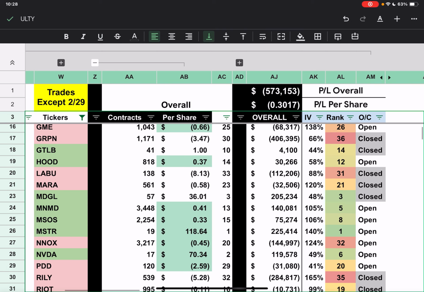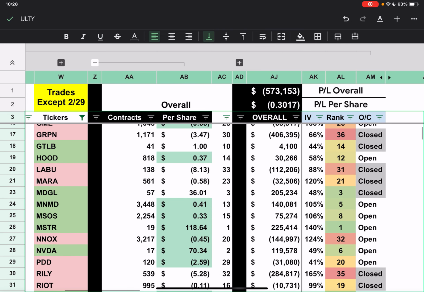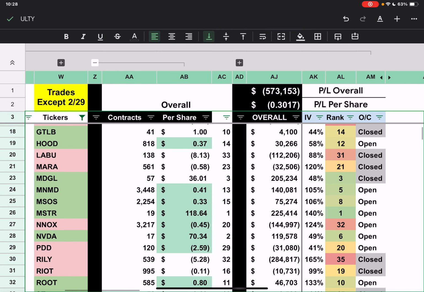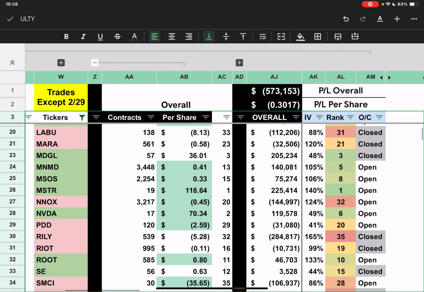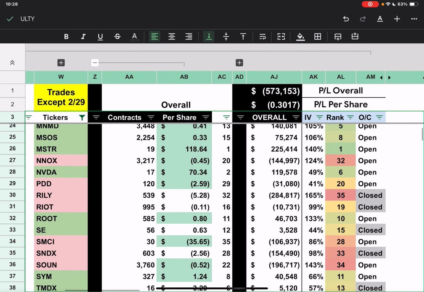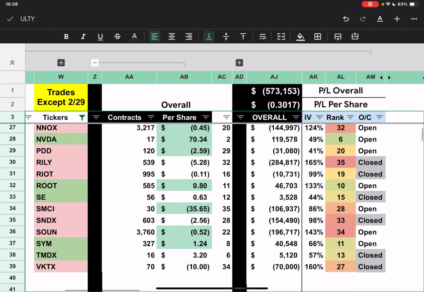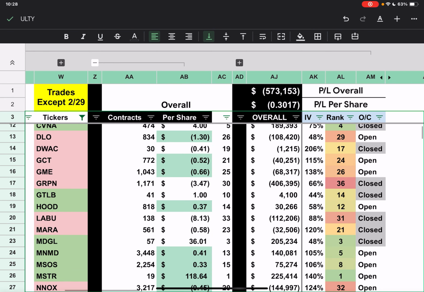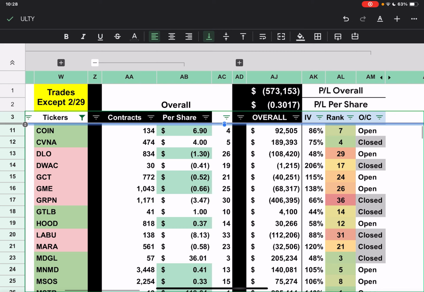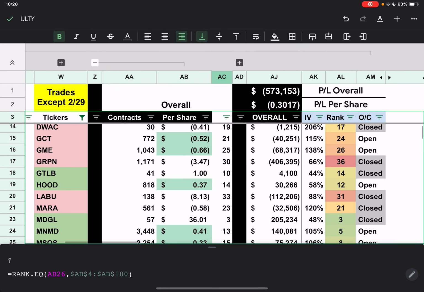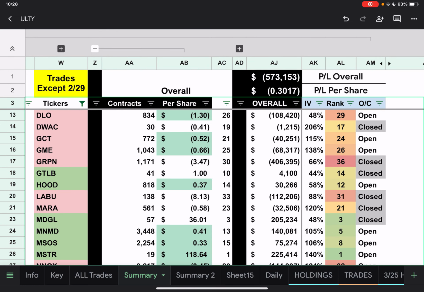I didn't read the company, the Groupon. All right. And then B. Riley was negative 285,000, and then SoundHound at negative 197,000.